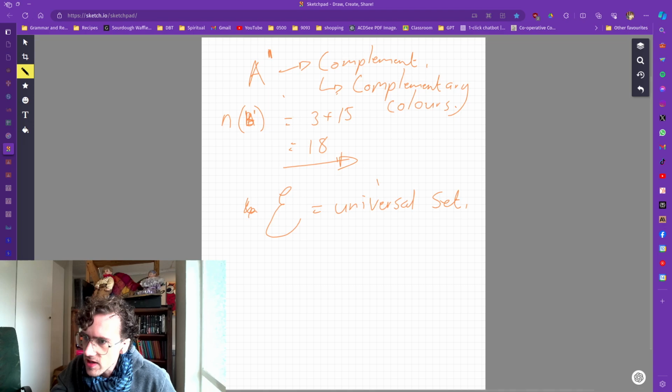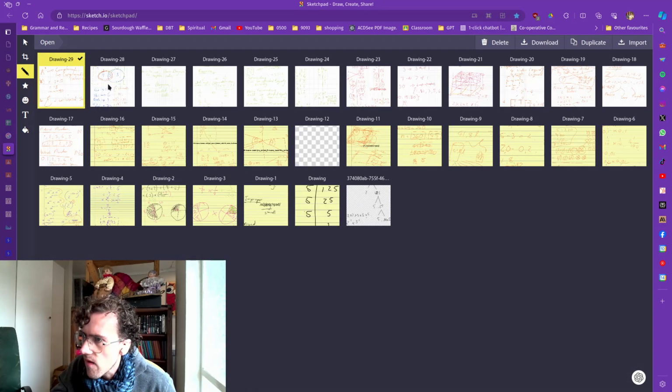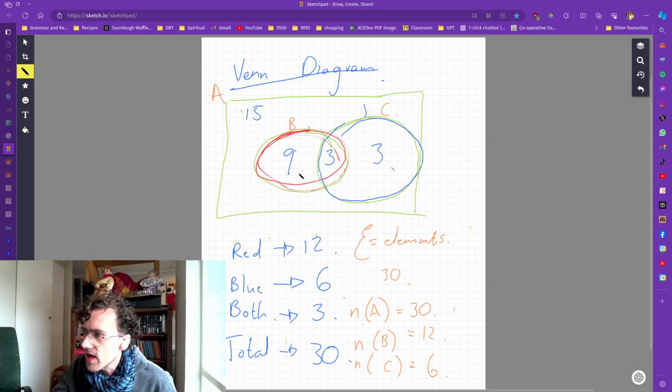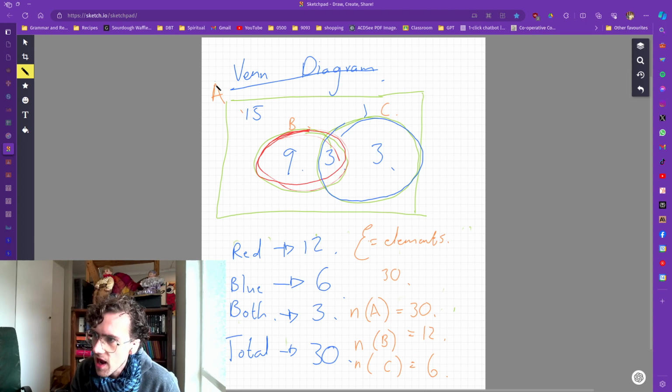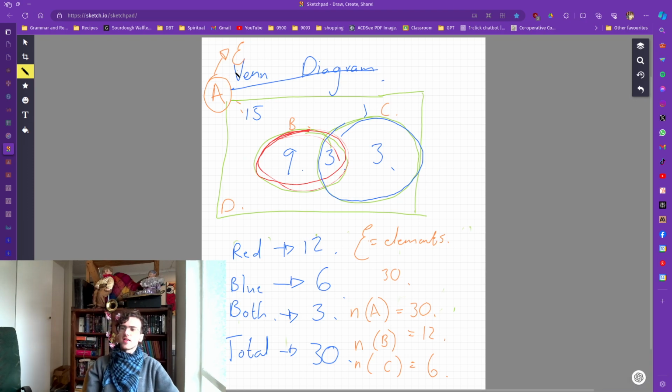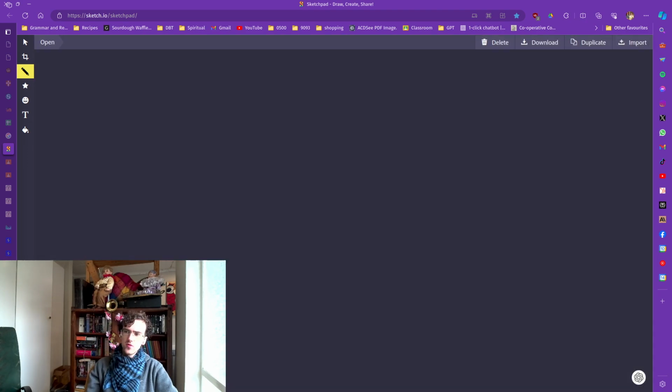And the way that I created this one was I actually named our universal set A. This could be D. A universal set is basically something that includes everything.